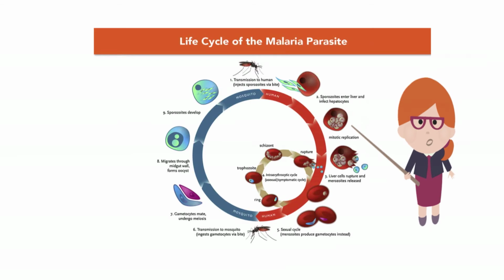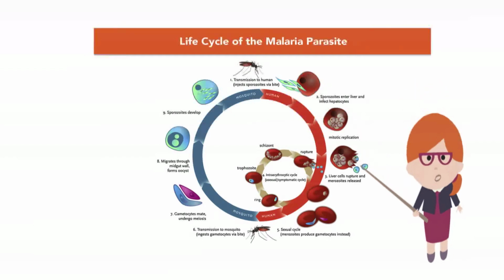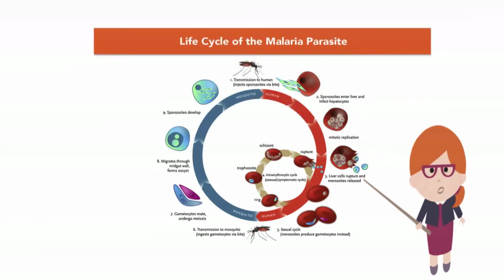Here, they replicate asexually by mitotic division and become merozoites. Number 3, the merozoites burst from the liver cells into the bloodstream, releasing thousands of merozoites, where they invade the red blood cells.